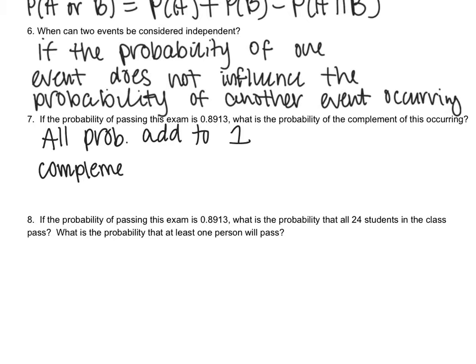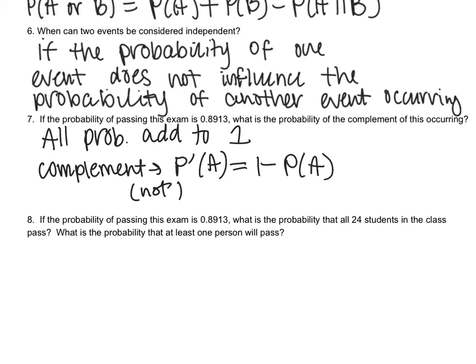The complement is the probability of something not occurring, which equals 1 minus the probability that it does. So all I have to do is 1 minus 0.8913, and we're going to get 0.1087. So we have an almost 11% chance of not passing the exam.